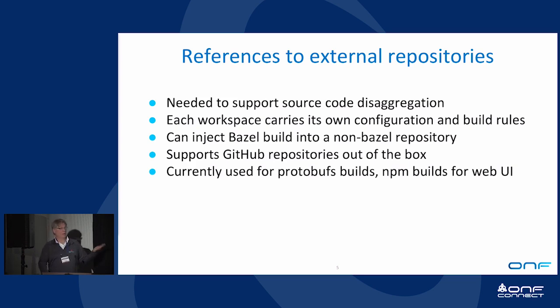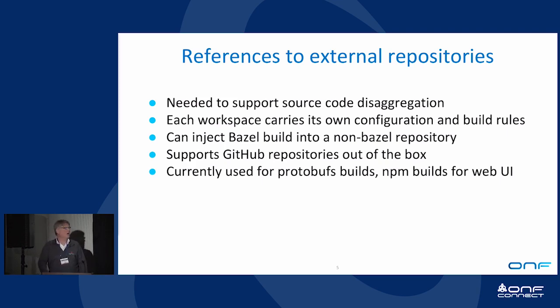What I can do, and we actually do this in ONOS currently, is I can write Bazel rules to build their code that's checked into my tree, but I'm still referring to the code coming out of the repository. So this has the advantage of whatever work they're doing, I get to take advantage of, but I don't have to deal with their Maven stuff. I can build it directly as part of ONOS using Bazel.